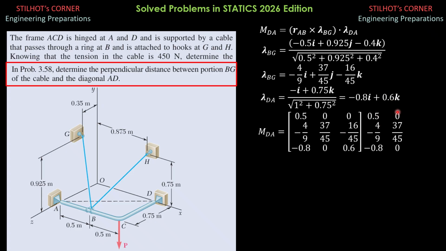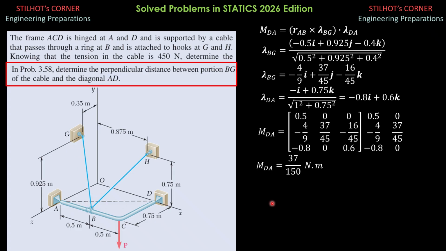Then copy the elements of the first two columns. So only this diagonal will have a value. The rest is 0, 0, then 0, 0, 0. So the value is 0.5 times 37 over 45 times 0.6, and that is 37 over 150 Newton meter. Then we equate this to the component of the force, 1 Newton magnitude, which is lambda BG times sine of the angle between BG and this axis here.